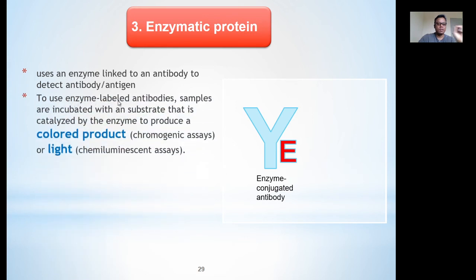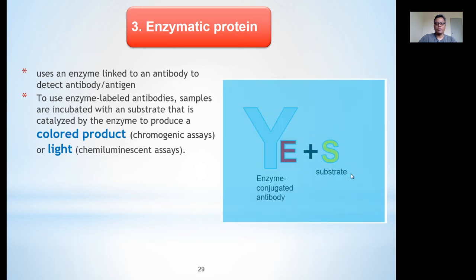To use enzyme-labeled antibodies, samples are incubated with a substrate. Okay, the substrate will be catalyzed by the enzyme to produce a colored product. Maybe they will react enzyme with the substrate, a chemical reaction happens, and they will produce a colored product or light.